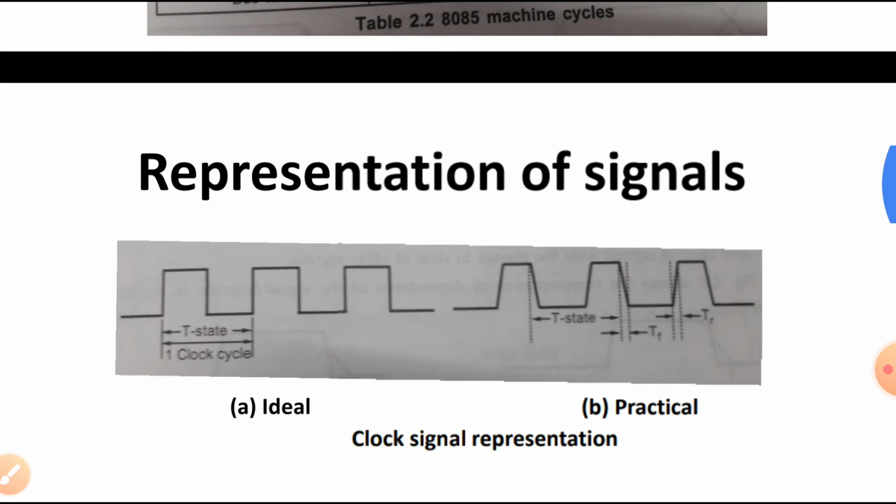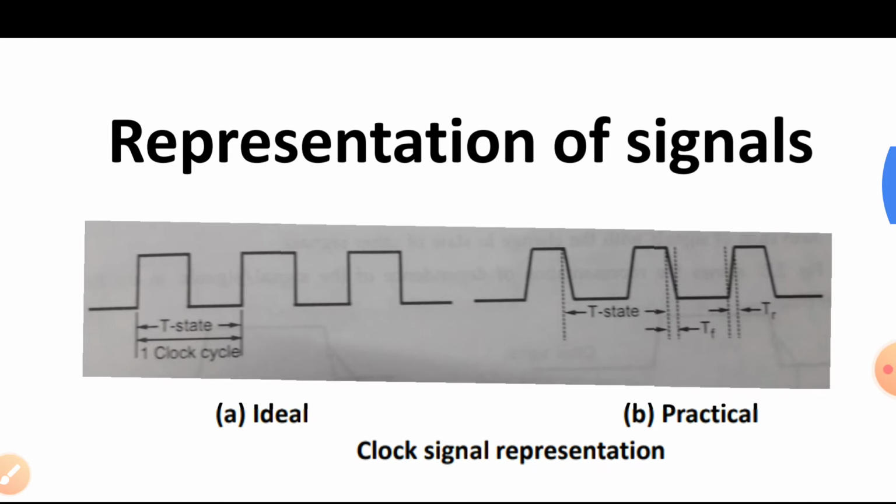Now we are going to start the timing diagram, but before going to the timing diagram, first let us know how the signals are represented. Now, we are talking about the clock signals. The 8085 divides the clock frequency provided by X1 and X2 as the input by 2, which is called the operating frequency.